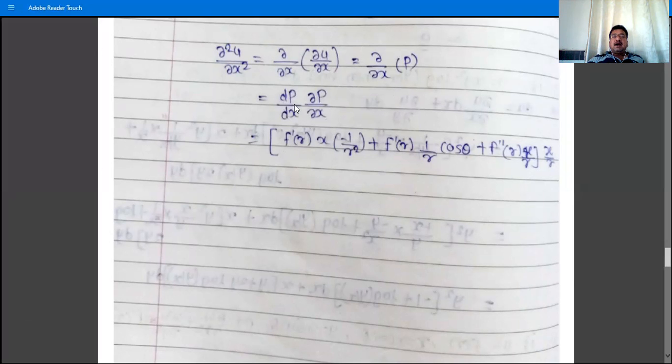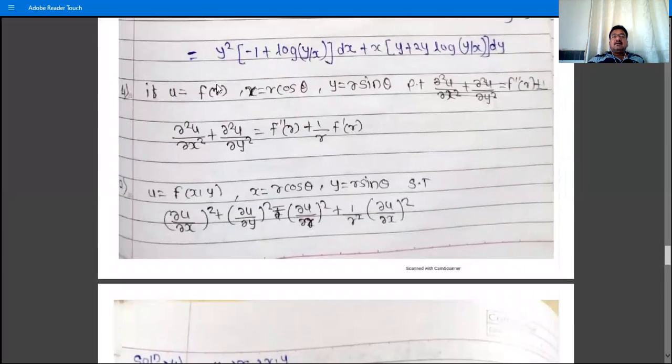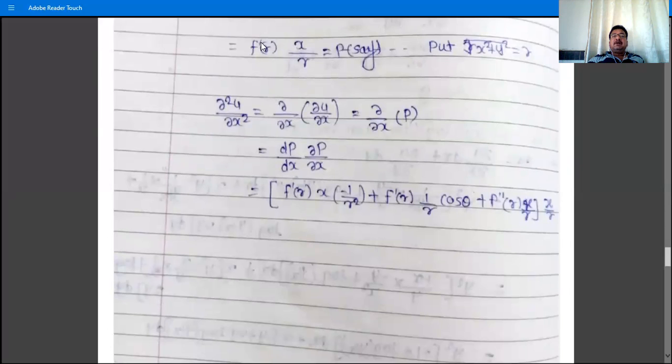And ∂p/∂r is what? P is this, f dash r, x by r. So ∂p/∂r is f double dash r, using the u into v rule, because f dash r and x by r both are functions of r. So ∂p/∂r is what? First the derivative of x by r: x is constant, 1 by r derivative is minus 1 by r square, plus v, that is x by r, right?